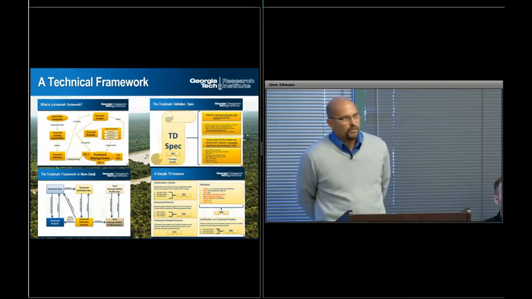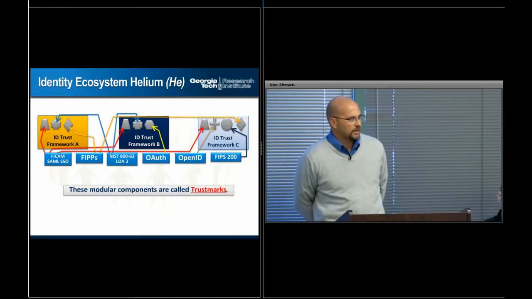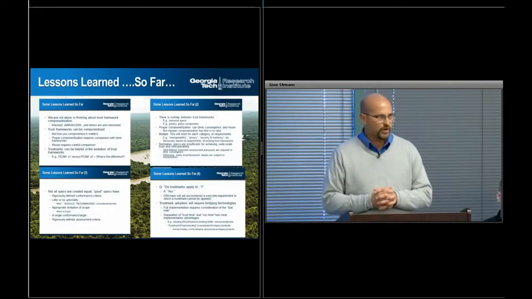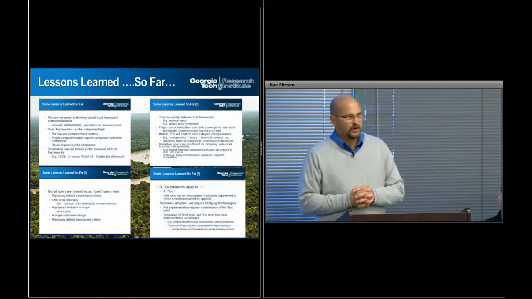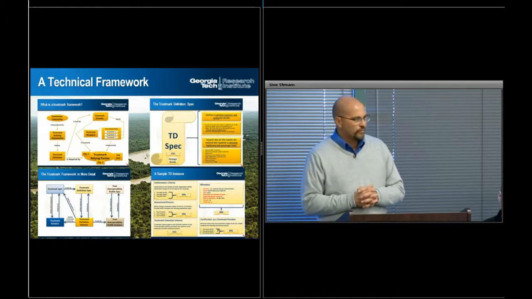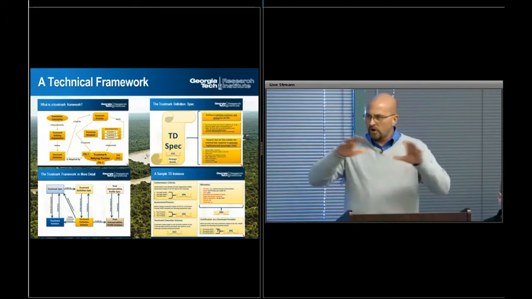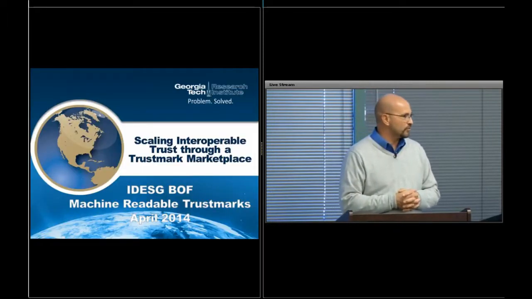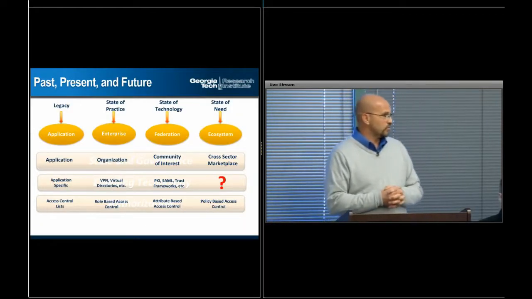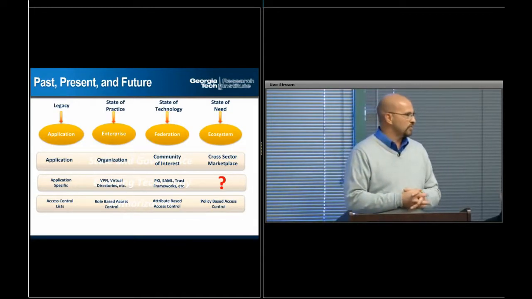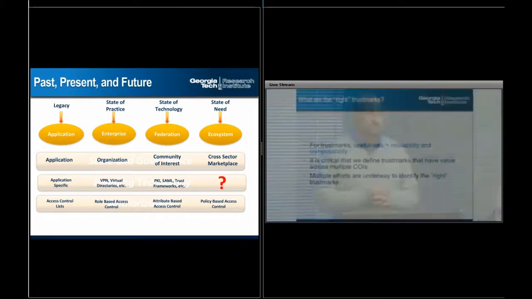So when we wrote the application for our NSTIC pilot grant, our concept of componentizing a trust framework was this: we operate a trust framework called the National Identity Exchange Federation, and our concept was that we could take that and break it into pieces, and that's componentizing it. What we realized is that if we took our trust framework and broke it into pieces, those pieces may not be very reusable or useful to others. So one of the lessons learned was that componentization is only useful in the context of multiple trust frameworks, to factor out common components that can be reused.